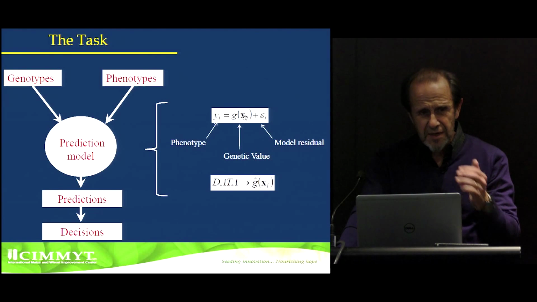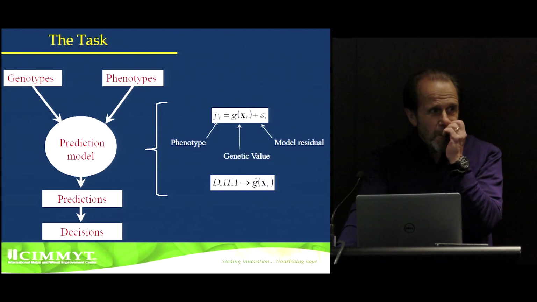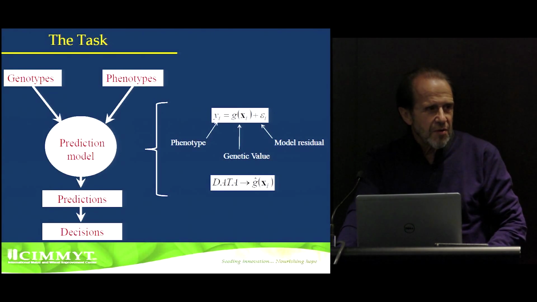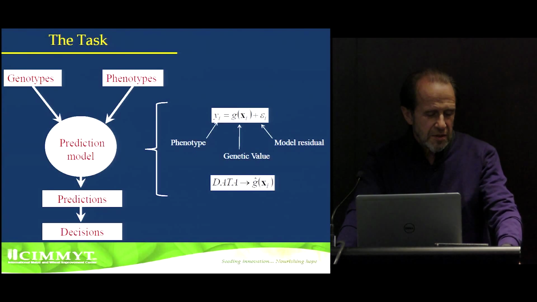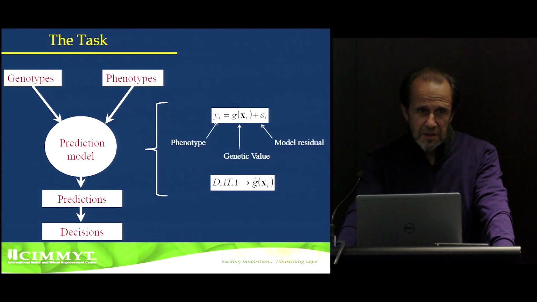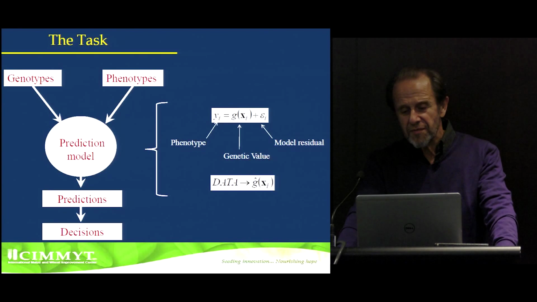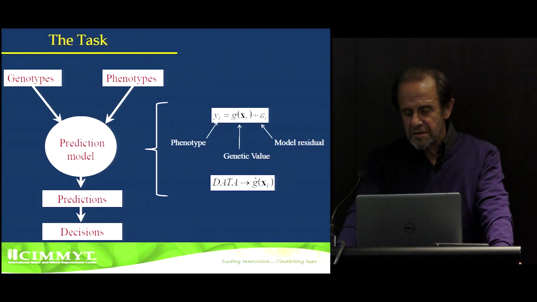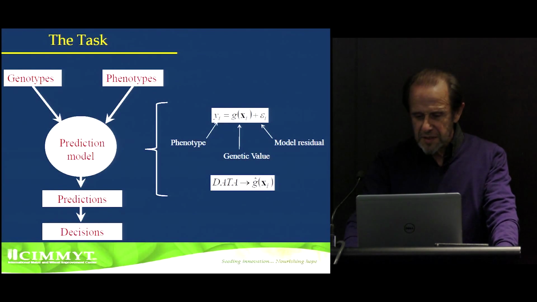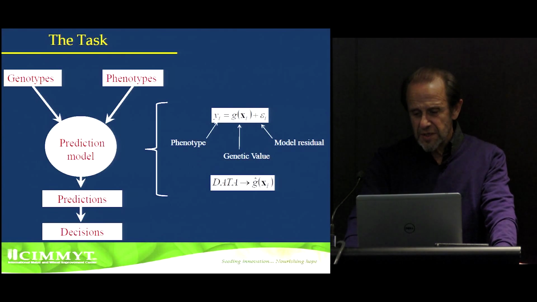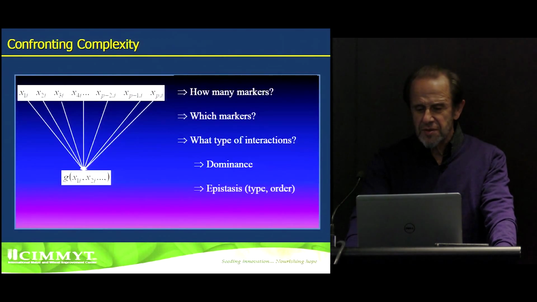The X are always the markers. So usually what we do is use a function of the markers, and the way we put the markers into this g(x) is the model. And then we have a residual.